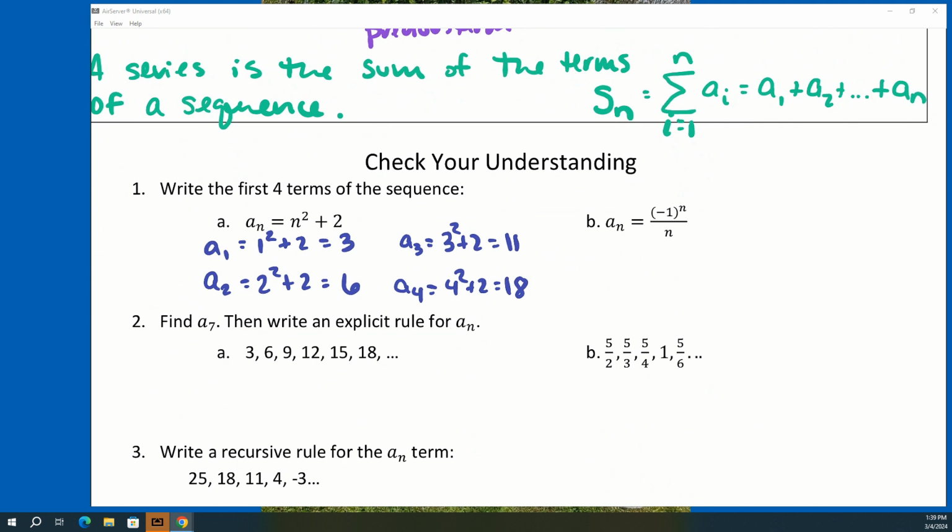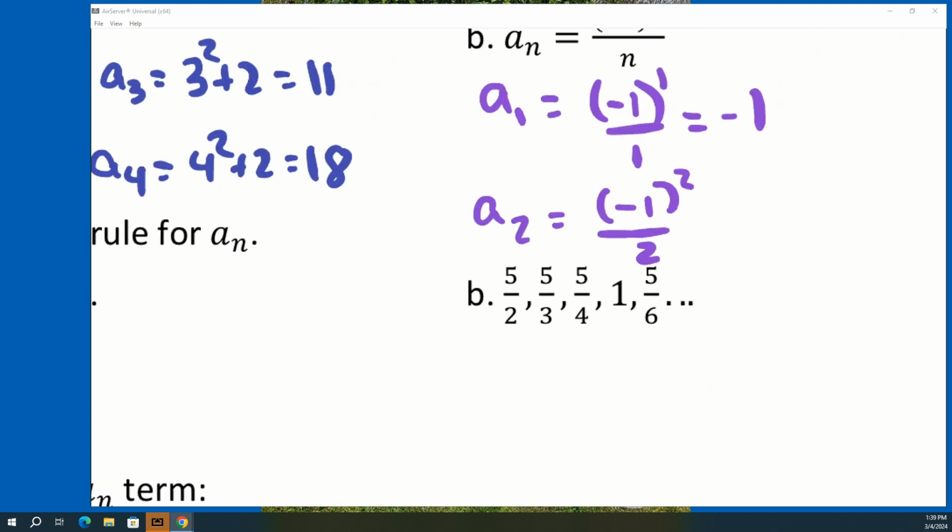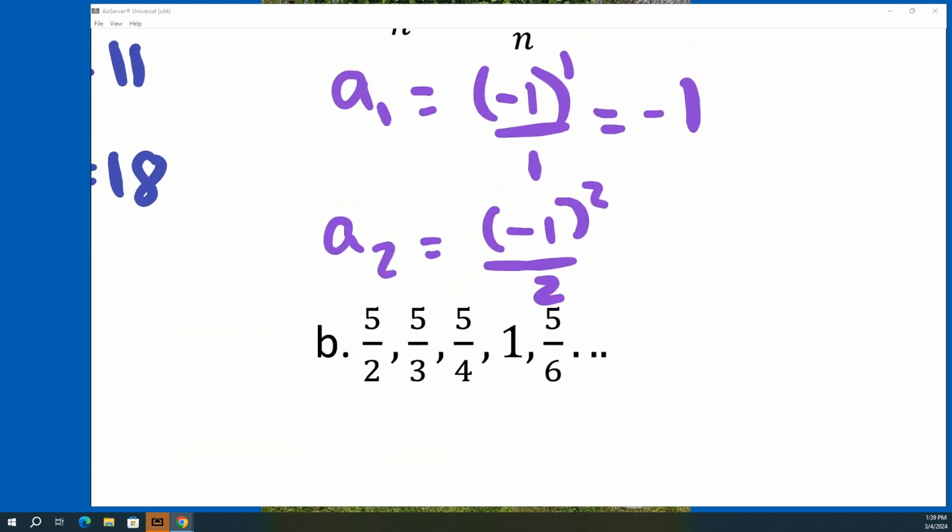Now B is kind of a strange sequence, but we can still do it the same way. So to find the first term, we're going to put 1 in for both of our n's. So we have negative 1 to the 1 over 1. So negative 1 to the 1 is negative 1. Divided by 1, it's still negative 1. Right. And then for the second term, we're going to put 2 in for both of our n's.